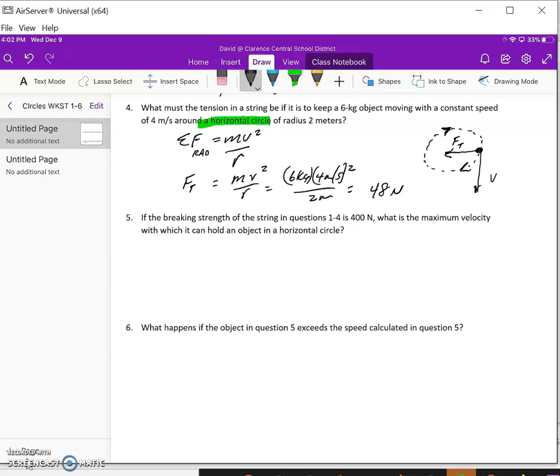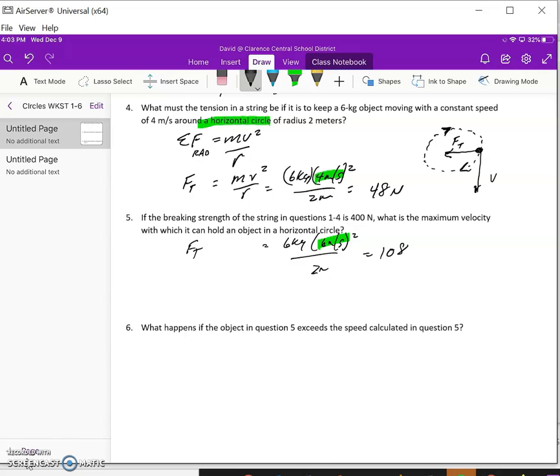So let's use numbers. People like numbers. Well, what if we change this speed from 4 to 6? Then Ft would equal 6 kilograms times 6 meters per second, and I'd have to square that, divided by 2 meters. Well, that's 108 newtons. So there's more force needed because the speed went from 4 to 6.